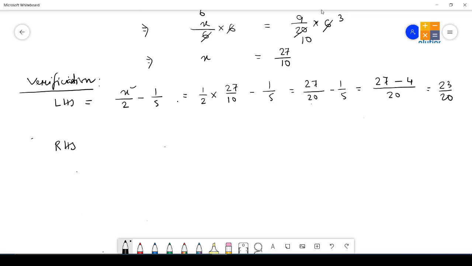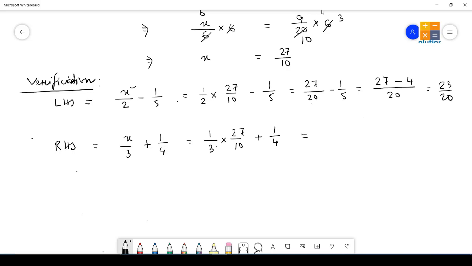Coming to the right hand side, what is the quantity written? x by 3 plus 1 by 4. That is equal to x by 3. Like the previous one, in place of x I am writing 27 by 10 plus 1 by 4.